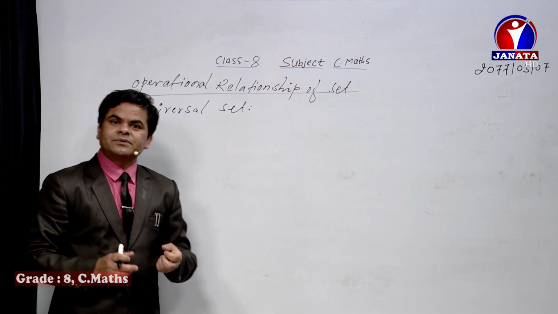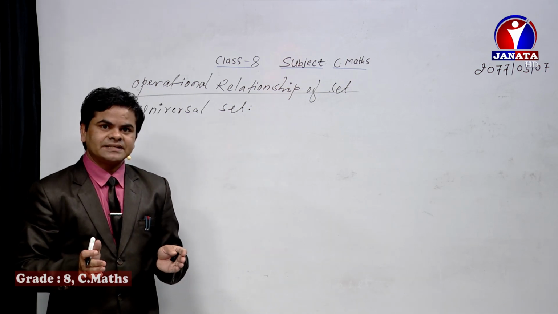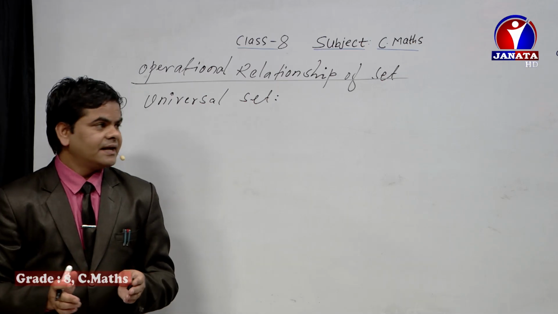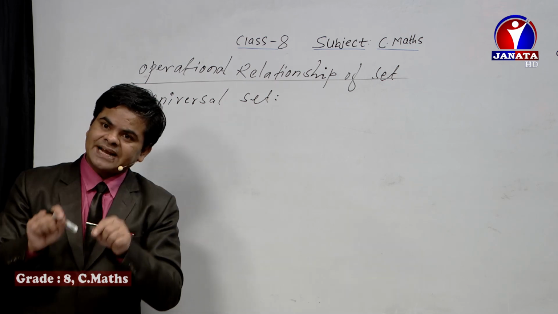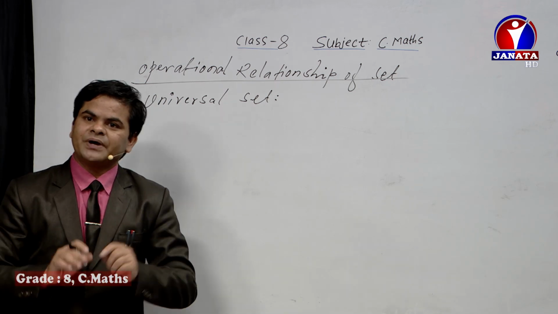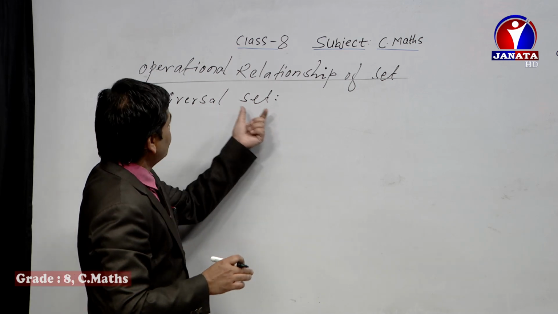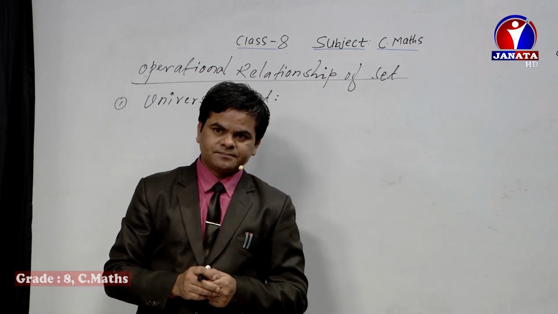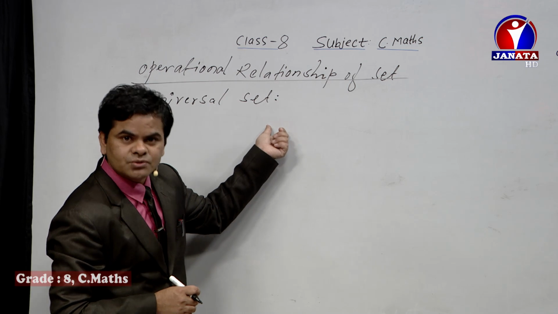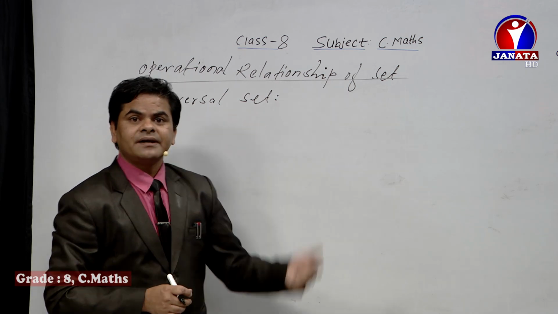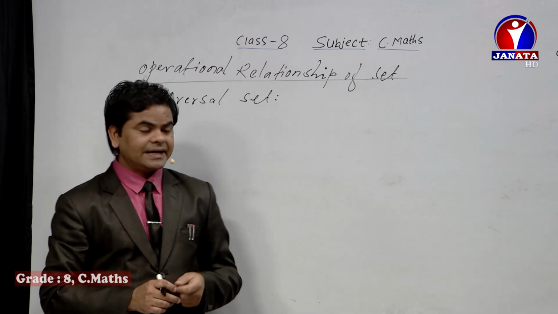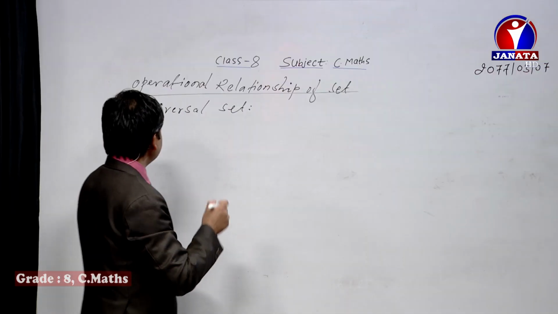Universal set will have the maximum number of elements, the maximum number of members inside it, and through that universal set we make other subsets. So, universal set refers to the set where there are the maximum number of elements.